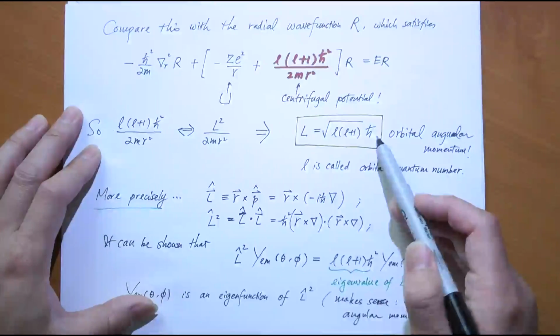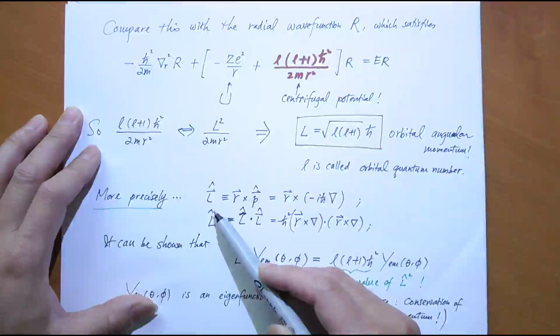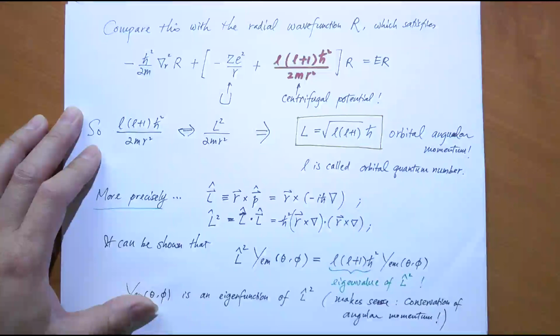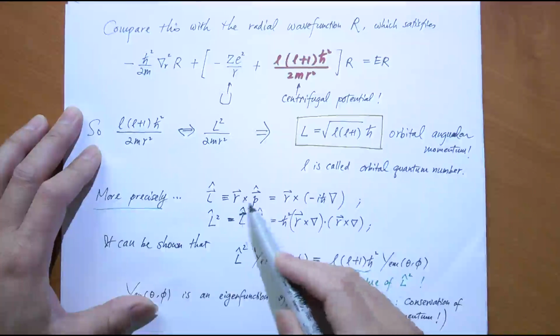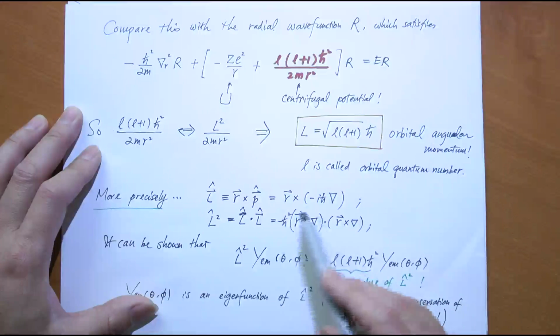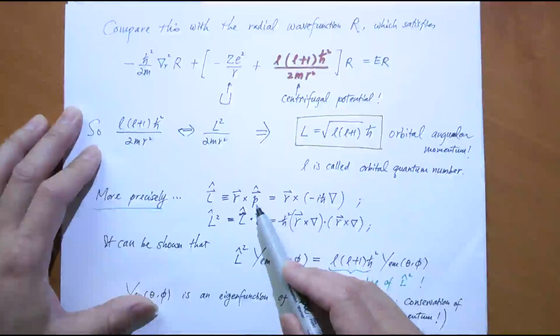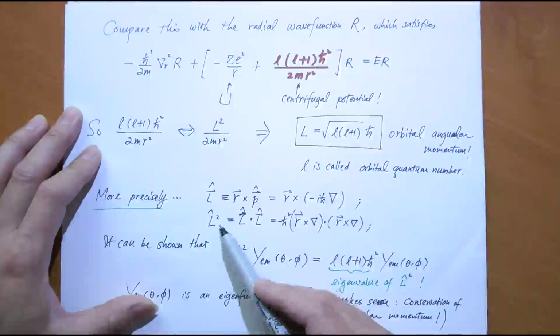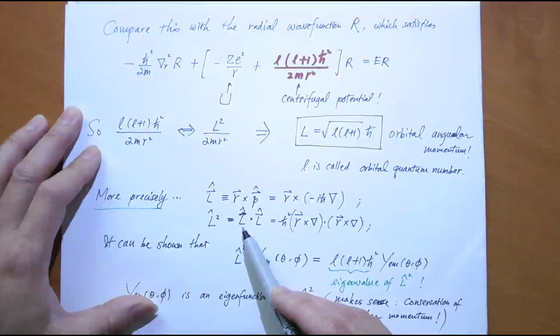To verify that, what you can do is to define an angular momentum operator. In fact, we defined it some time ago, in a previous chapter, as an analogy to the classical case, R cross P. R is still R, but P now becomes the quantum operator, linear momentum, negative i h bar gradient, remember? The three-dimensional momentum operator. And then we square it. Squaring it is just L dot L, the dot product of the two vector operators.